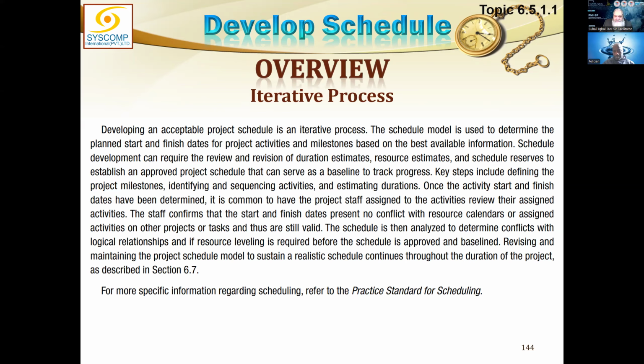Key steps include defining the project milestones, identifying and sequencing activities, and estimating duration, which we have already studied in quite a bit of detail. Once the activity start and finish dates have been determined, it is common to have the project staff assigned to the activities review their assigned activities.